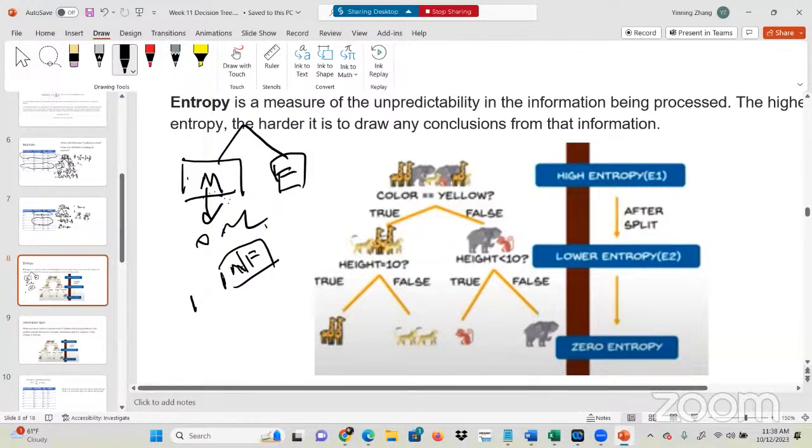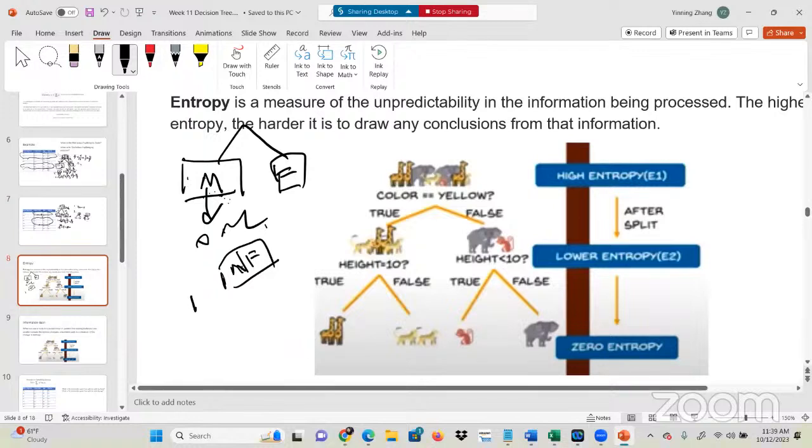It could be male, could be female. That's 50% to 50%, and then the entropy goes to 1. That's the concept of entropy.